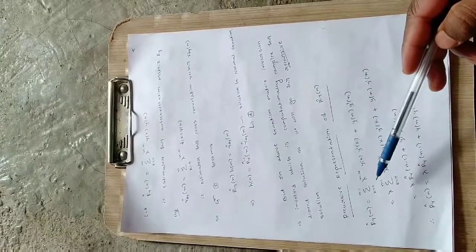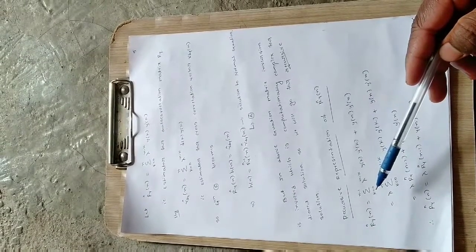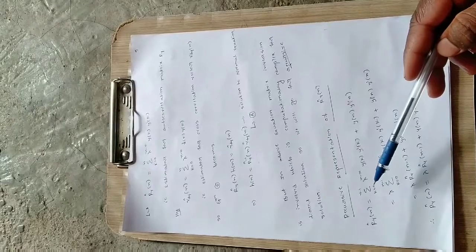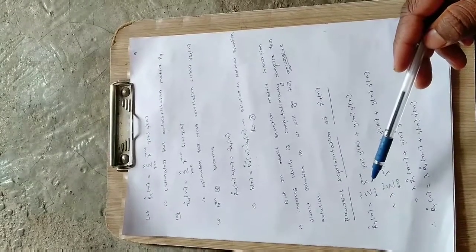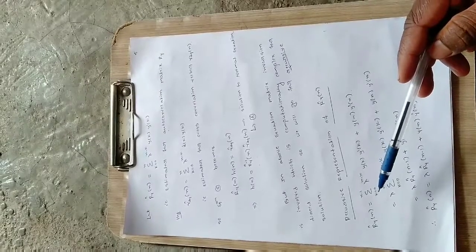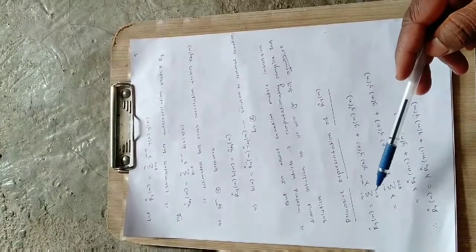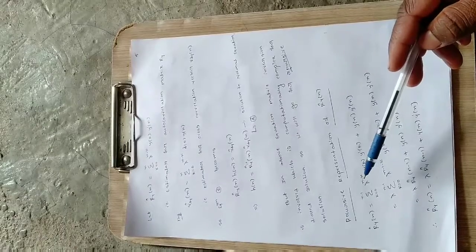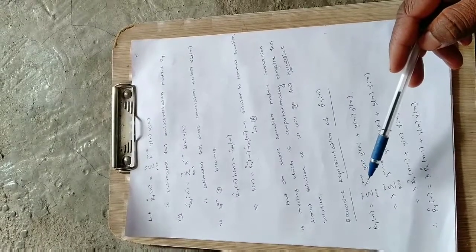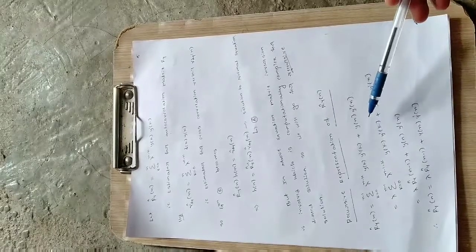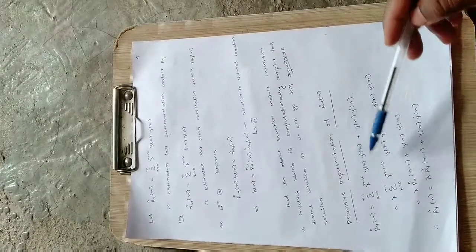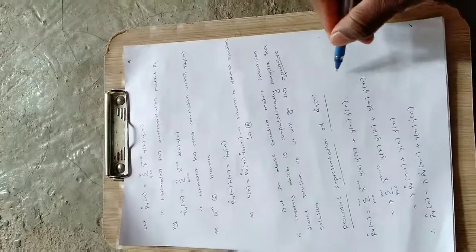As you can see, I have changed the limit from k equal to 0 to n, to k equal to 0 to n minus 1. When I put k equal to n here, this will become 0 and we will be left with only y of n into y dash of n.